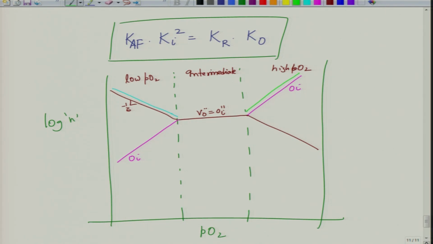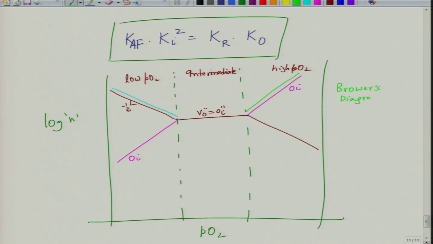So, let us see how do we do that. We want to make a plot of these defects, which is called as Brouwer's diagram, which allows us to determine the defect concentrations at various pressures in a given dielectric or oxide ceramic. Okay. So, for that we need to consider the limiting conditions.